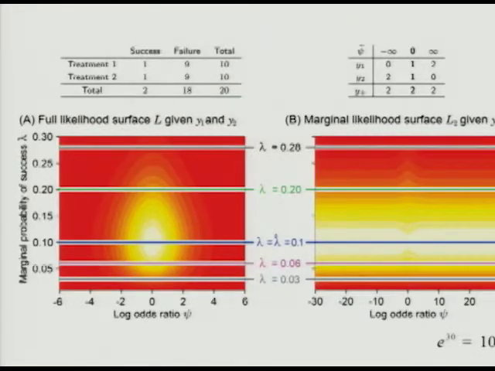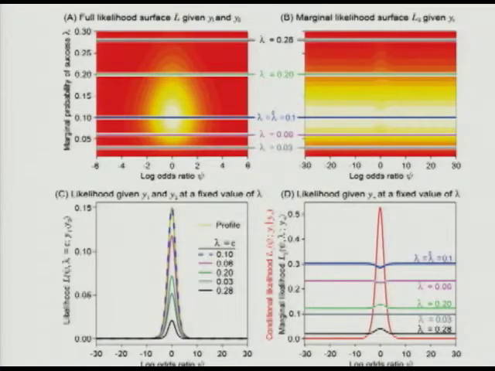And so, to give you a number of examples, starting off with 10 patients on each treatment with one success in each group, this is the full likelihood, where lighter colors indicate higher values of the likelihood.